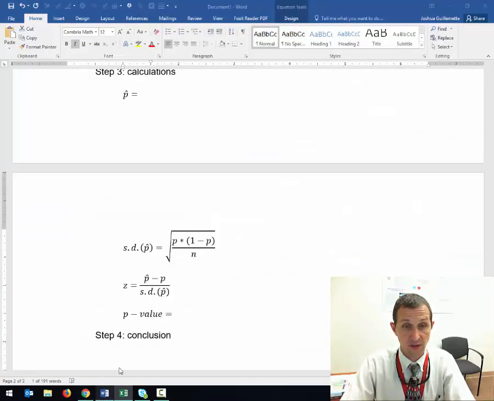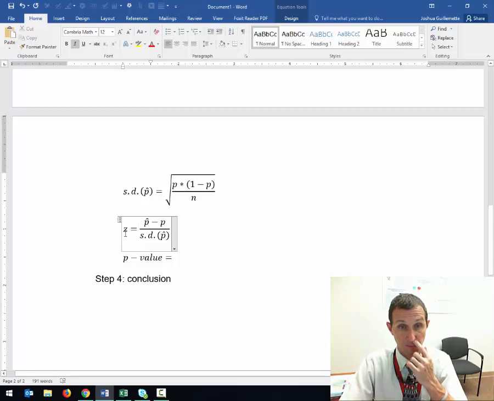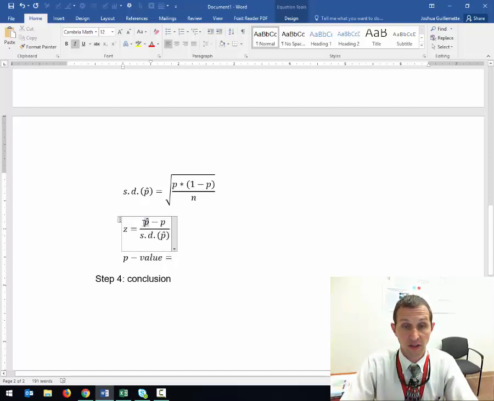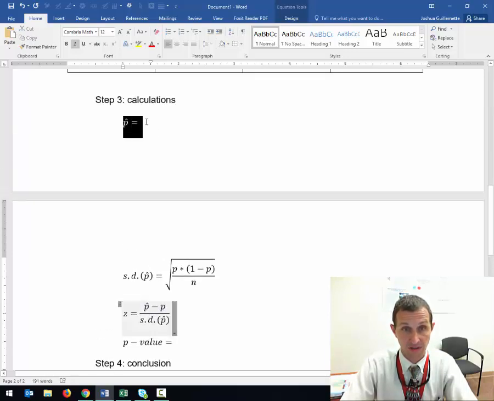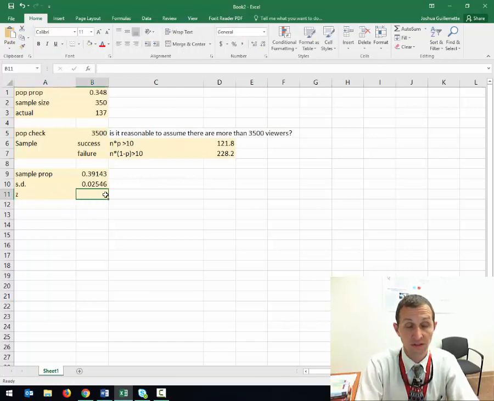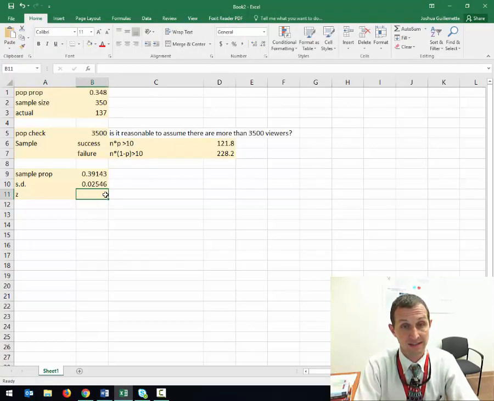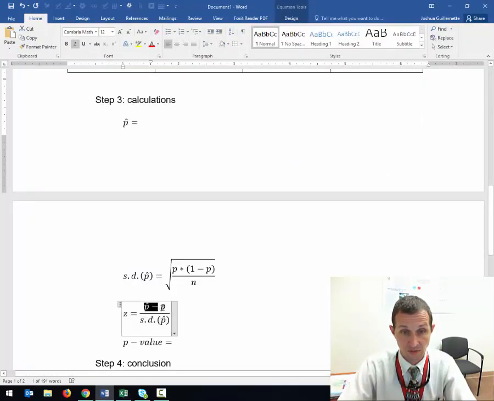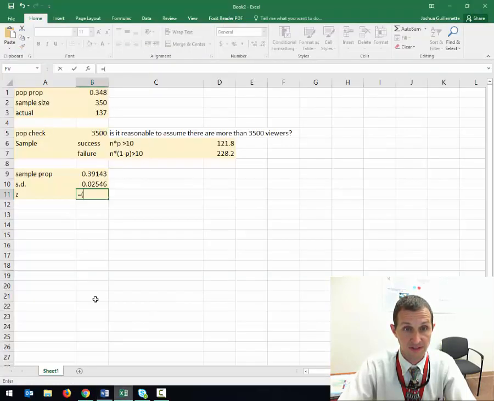Now, after the sample size, you're ready for your z-score. What's your z value for this particular thing? P hat minus P. P hat is what we did up here, that's the actual successes. So my z-score, or my test statistic, is going to be equal to, and you do need parentheses here because you've got a subtraction in the numerator.